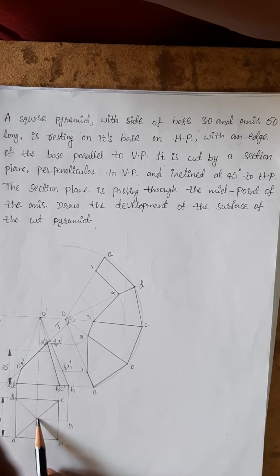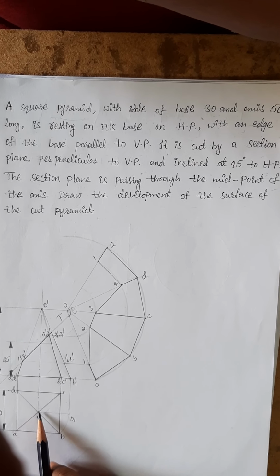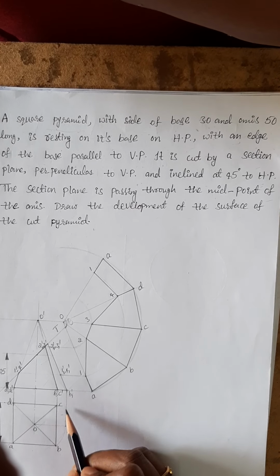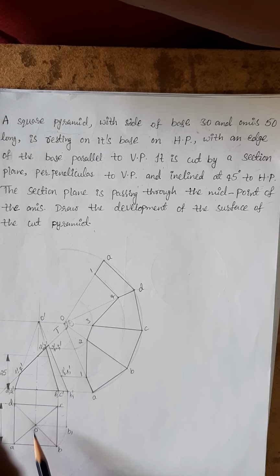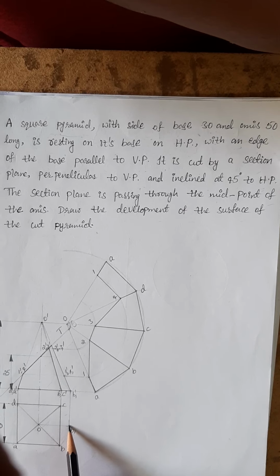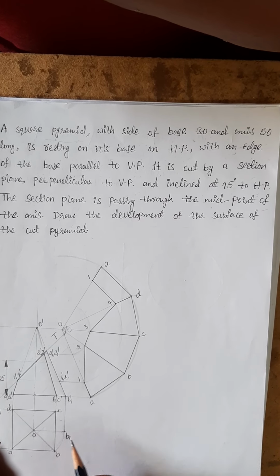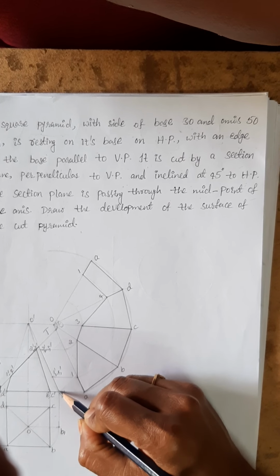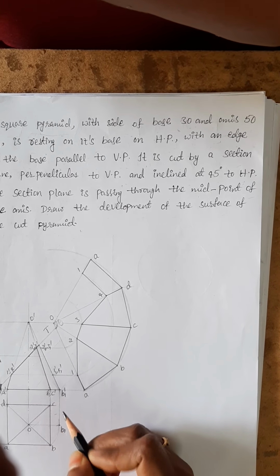Draw one horizontal line from the center of the square pyramid, right? With OB as radius and O as center, draw an arc; it intersects this horizontal line at point B1, right? Draw one vertical line to the front view, that is the point B1 prime.